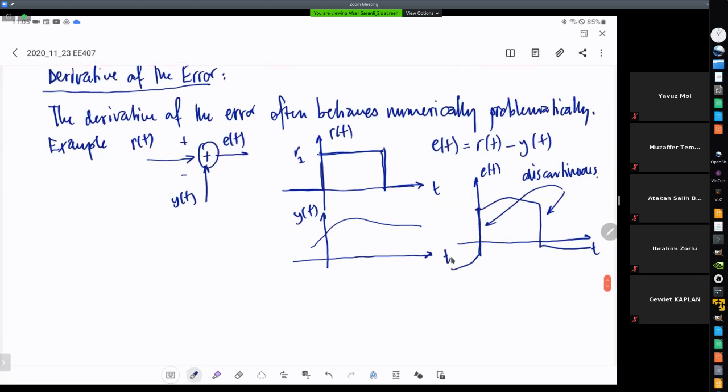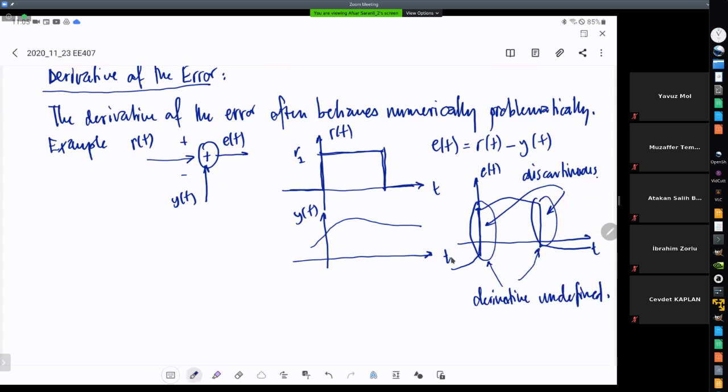Now, what is the problem with discontinuities when you take the derivative? Over here in these points, the derivative, at least the continuous derivative, is undefined. What's going to happen is that at these points, the derivative will have impulse functions.